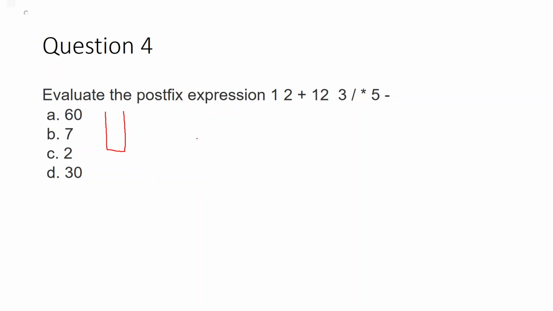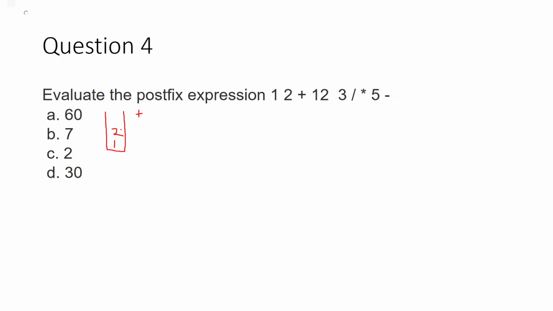If it is an operand, push it into the stack: 1. The second character is an operand, push it into the stack. When we find an operator, we need to pop two values from the stack and perform the operation. The result needs to be pushed again.